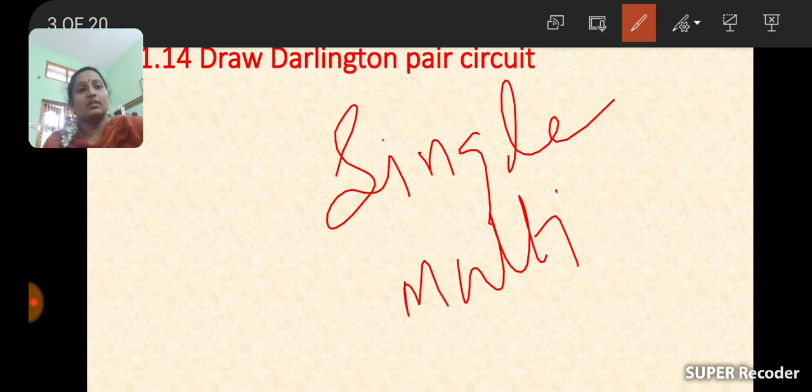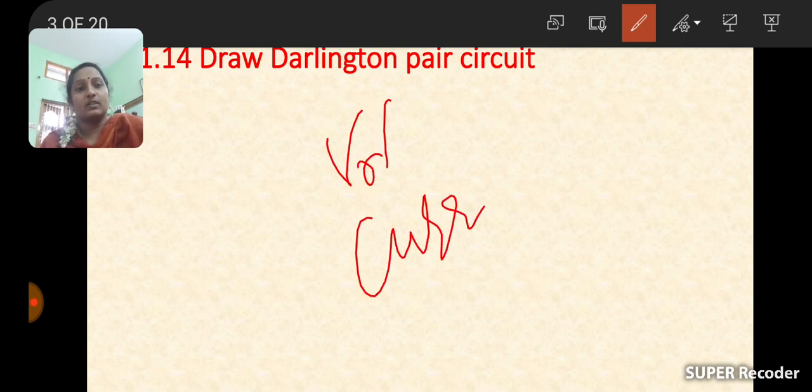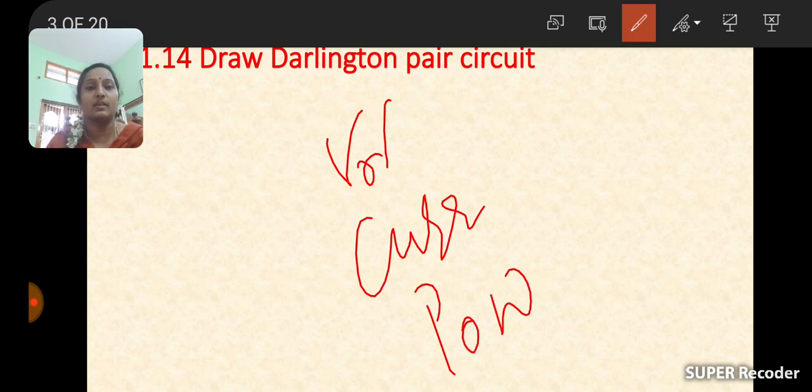Based on the factor to be amplified, amplifiers are classified into three types, whether we are amplifying voltage, current, or power. If we amplify the voltage signal, the amplifiers are called voltage amplifiers, if we amplify the current signal, they are called current amplifiers, and if we amplify the power signal, they are called power amplifiers.